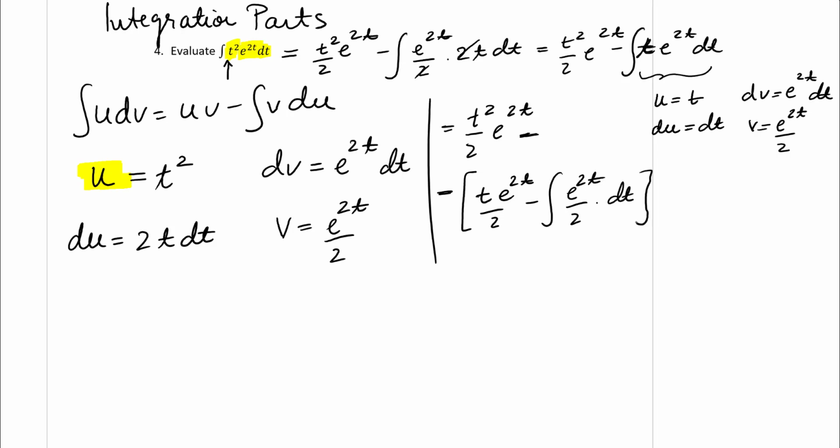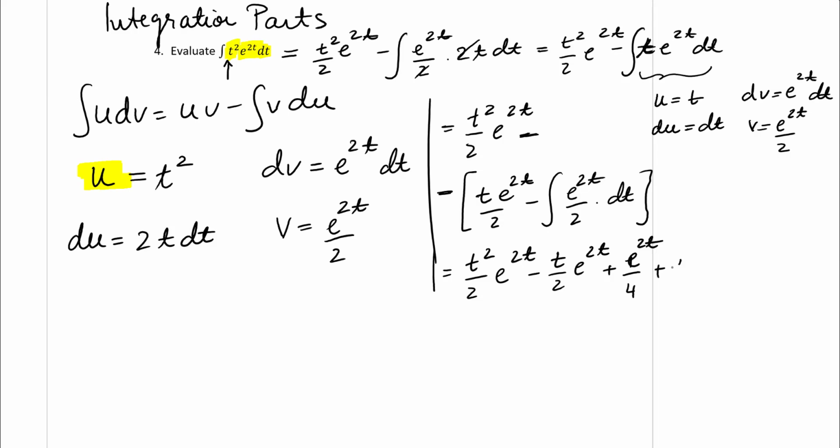Now we can see how we get t squared over 2 e to 2t minus t over 2 e to 2t, and opening the parentheses, plus I can pull out 1 over 2, and the integral of e to 2t is e to 2t over 2, so I'm going to make it over 4 here.